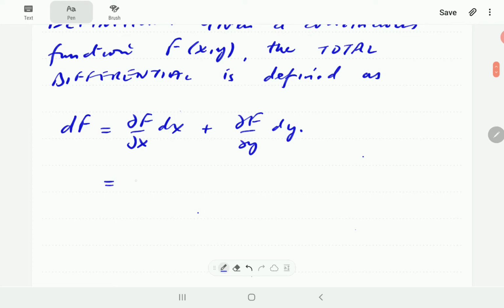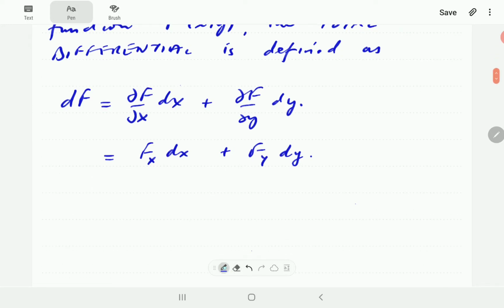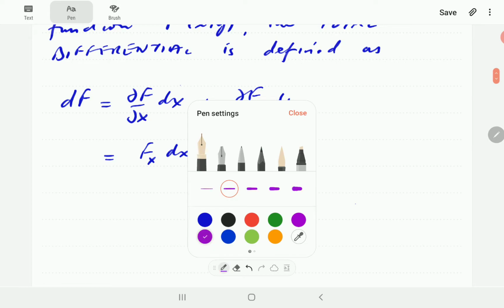In terms of the subscript notation, it is fx dx plus fy dy. So this is your total differential of a function f of x y.